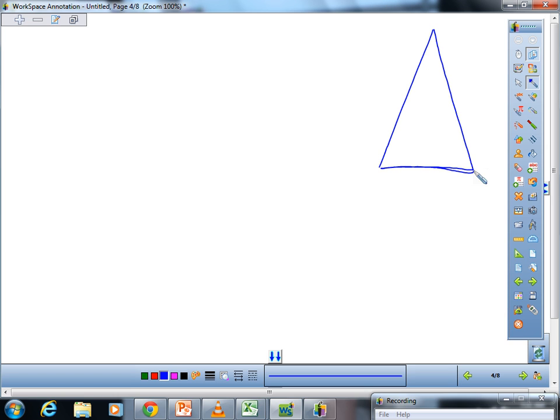So, it says that it's an isosceles triangle with AB congruent to AC. It's got this D placed in here. It looks like it's a little off. And we are given that angle A equals 30.